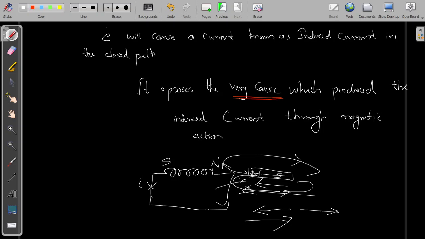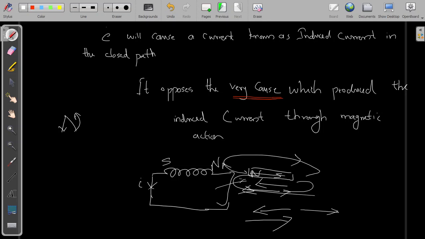So in order to have this kind of polarity for this magnet, to induce north and south pole here, what has to be the current flow direction? It should be like this, yes, in anti-clockwise direction.